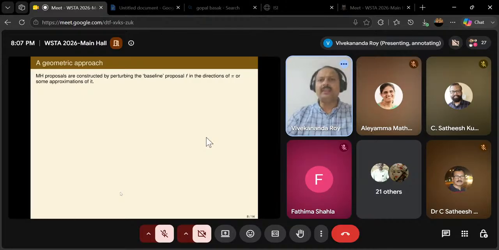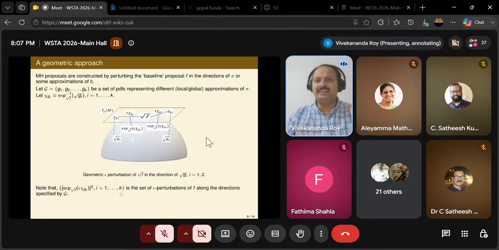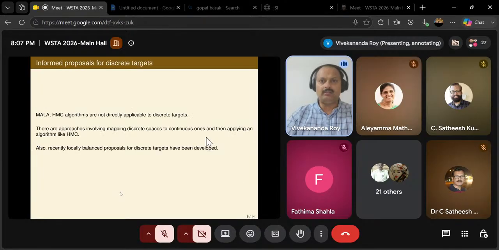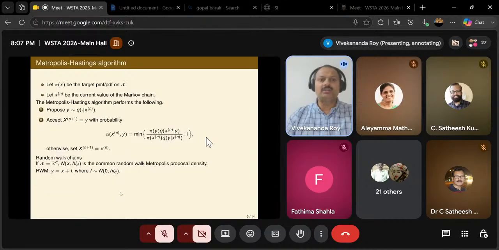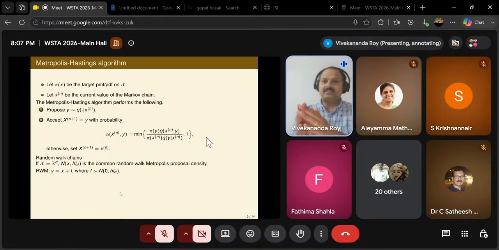So again, the idea here is simply this. I'll try to make it as simple as possible. Let's go back: what was the random walk Metropolis algorithm? It says if you're currently at X, you add a perturbation increment to this X to propose your candidate point.